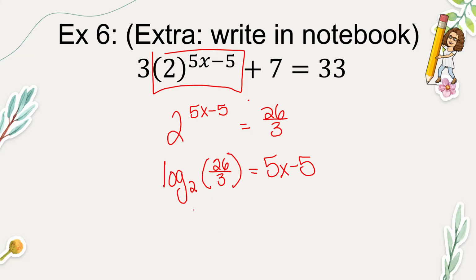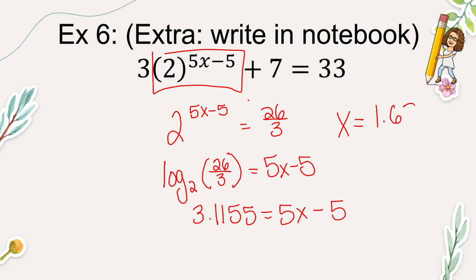I get an answer of 3.1155. So to that, I'm going to add 5 and divide by 5. So my official answer, after I do all my work, we would get 1.6231 right there.